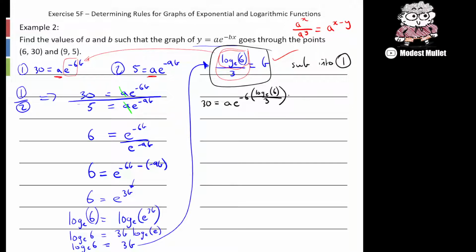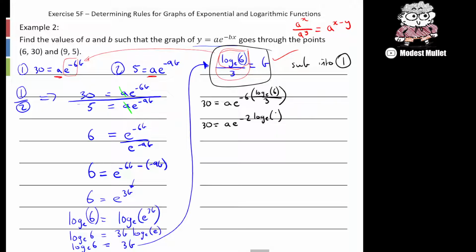There we go. So again, it's not pretty looking, but we can do some simplification. The negative 6 with that division by 3, we can simplify that. So we've now got 30 is equal to a times e to the negative 2 log to the base e of 6.